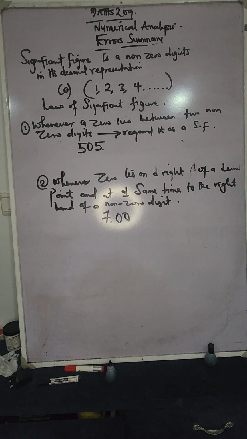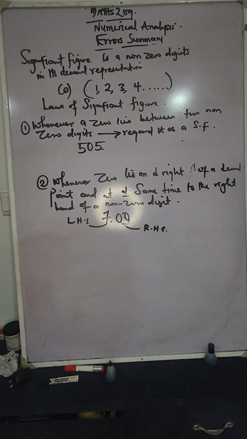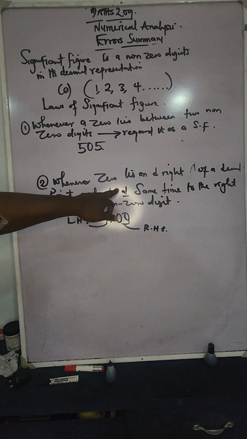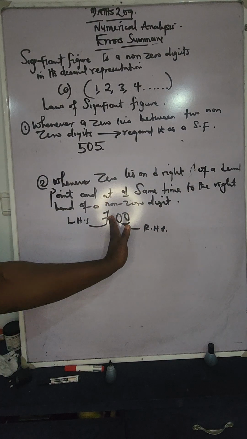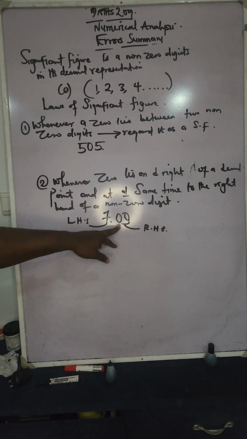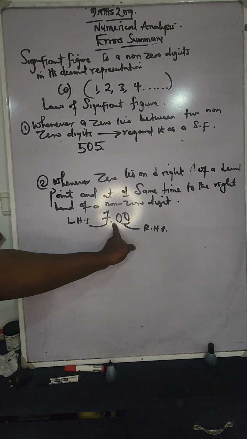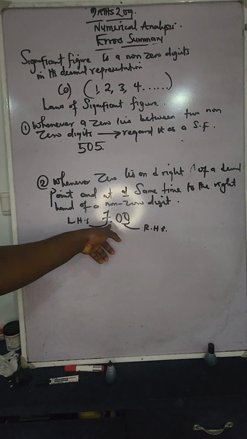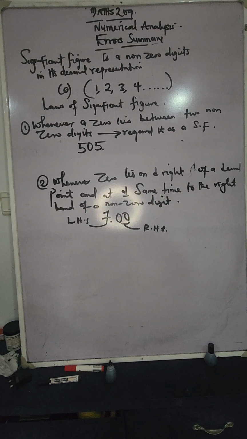Now, this part of the number is the left hand side, and this is the right hand side. So we are saying that whenever 0s lie on the right hand of a decimal point, and at the same time on the right hand of a non-zero digit, and 7 is a non-zero, we regard them as significant figures.